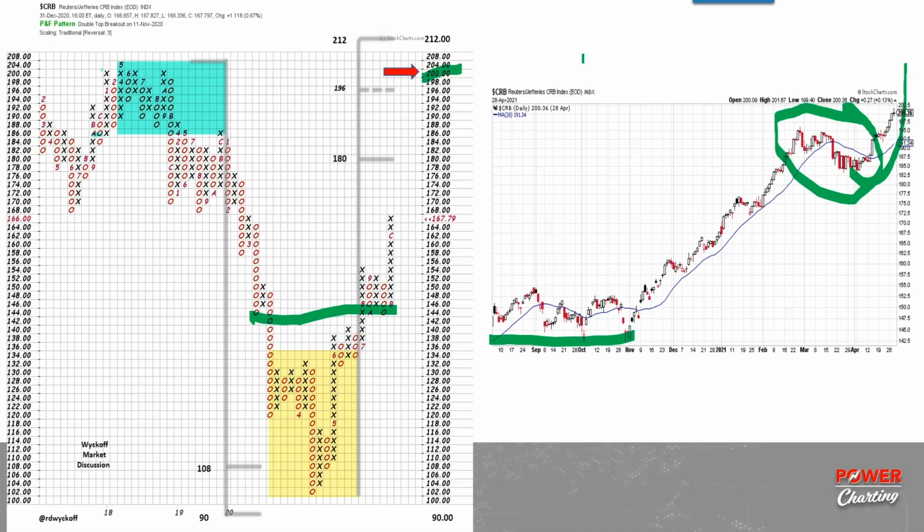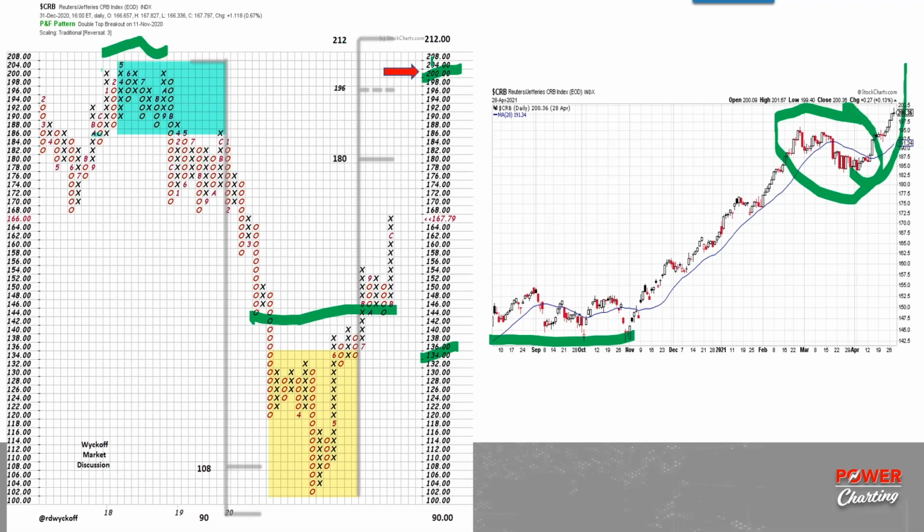We're at 200 now. And so from the area of the completion of this count zone at 134, it's rallied up to 200. The count could grow larger from here, but also note that this 200 area is where prior resistance is. And so this might be a place where the CRB would find resistance, possibly go into a pause.